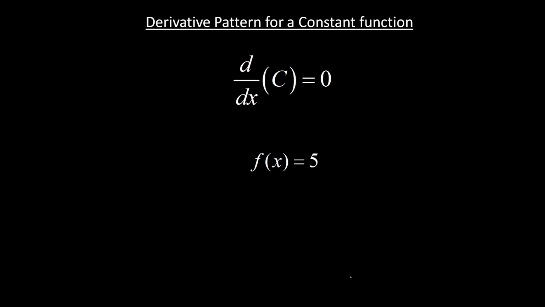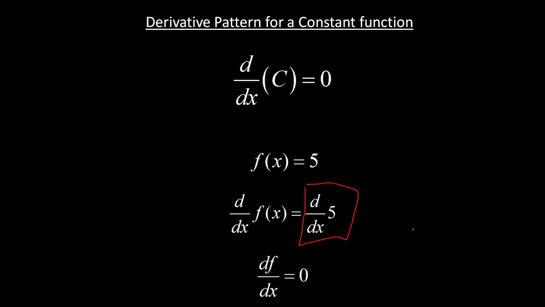So take the function 5. We'll take the derivative of both sides with the operator notation. The f slots up into the notation, and the derivative of a constant is always 0.